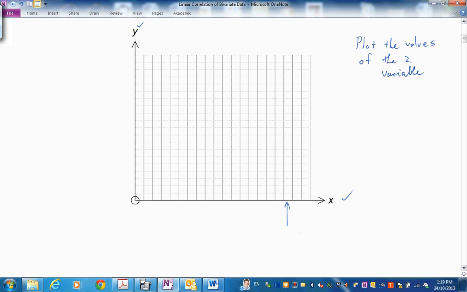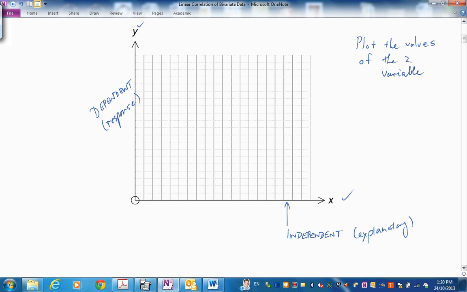We always plot on the horizontal axis what we call the independent variable. This is sometimes, in rather junior maths, called the explanatory variable, explaining what patterns are going on there. And then up here we have the dependent variable, or the one that seems to be responding to the other, the response variable.